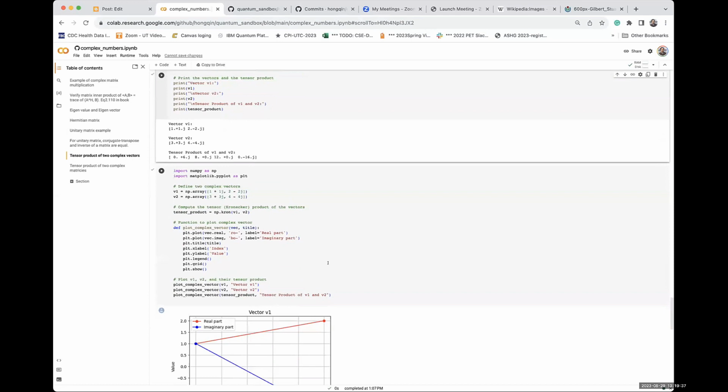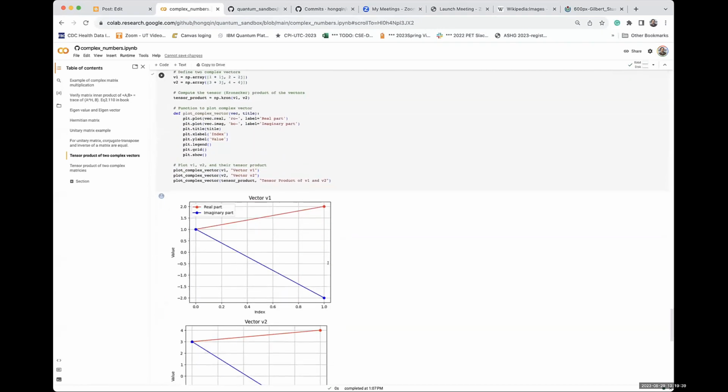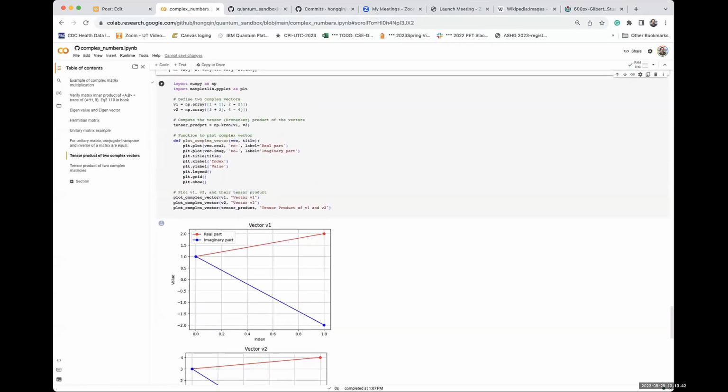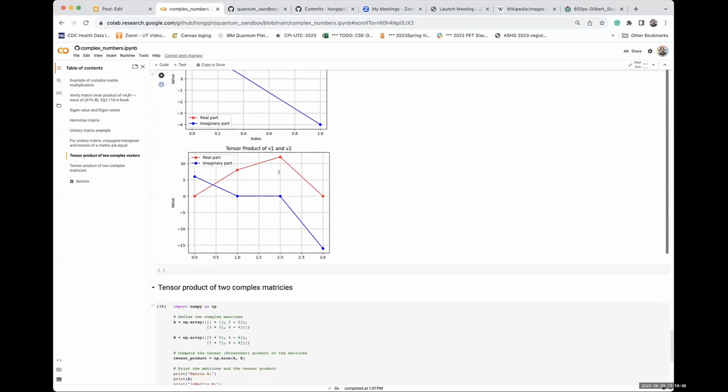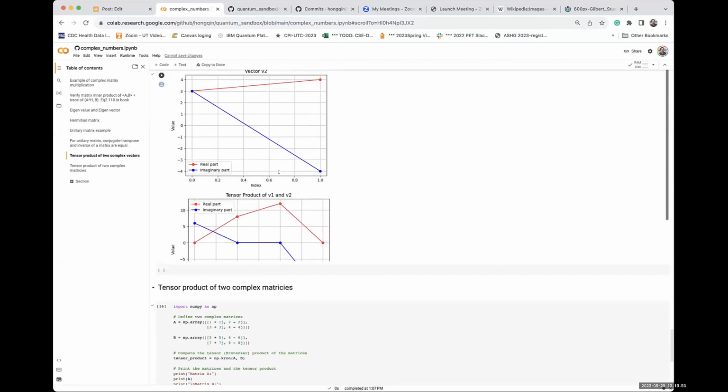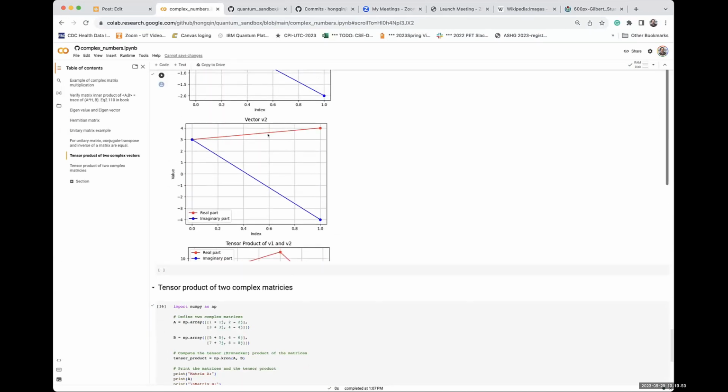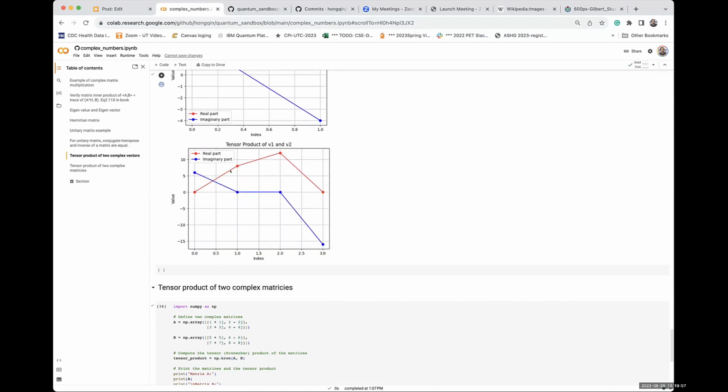And then we compute the tensor product of V1 and V2, and then visualize it. From a 2 by 2 matrix, we should have a 4 by 4 tensor product.